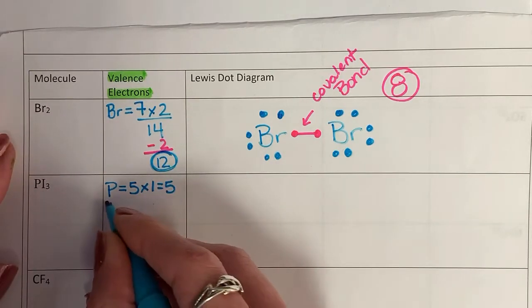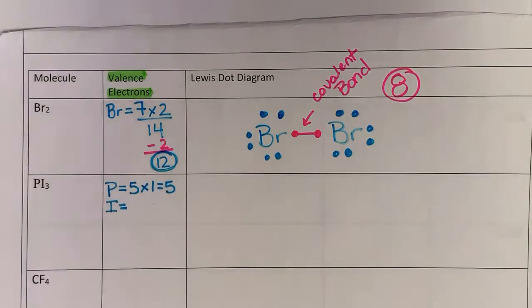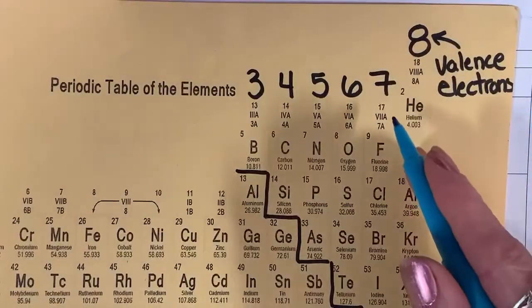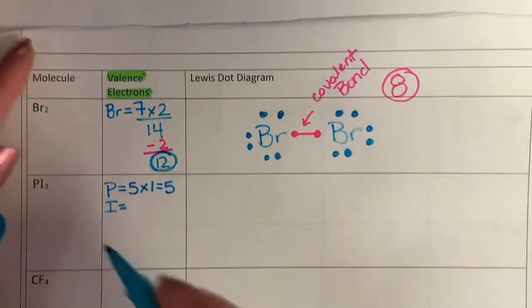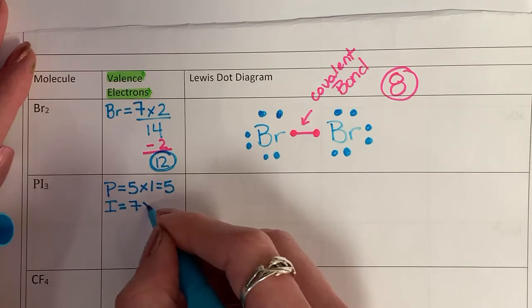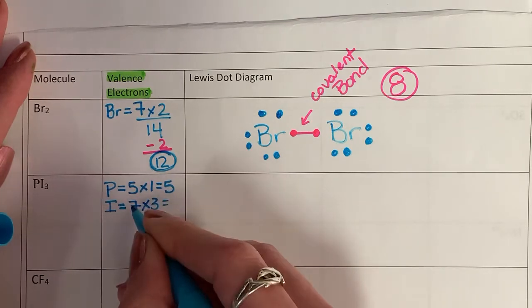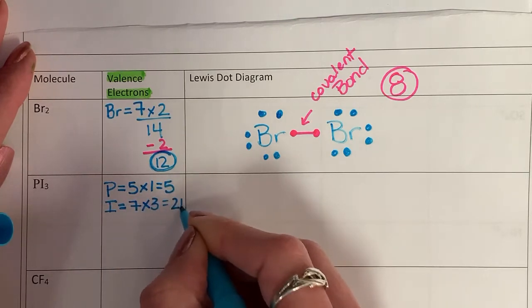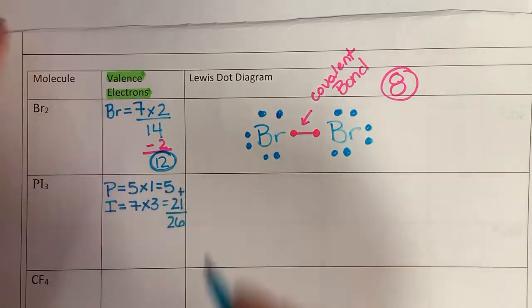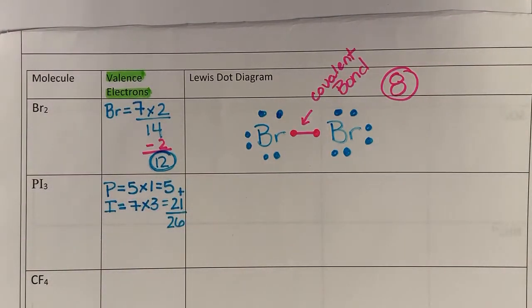Iodine has 7 valence electrons. And I have 3 iodines. 7 times 3 is 21, plus 5 from phosphorus. I have 26 electrons to work with.